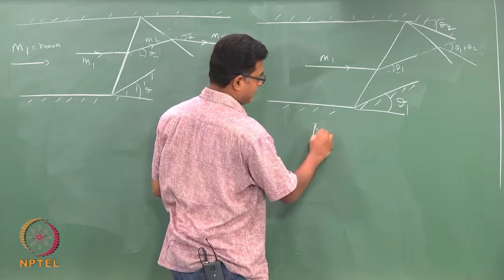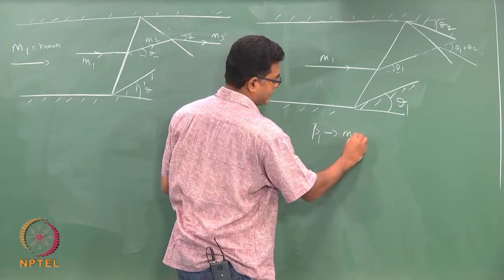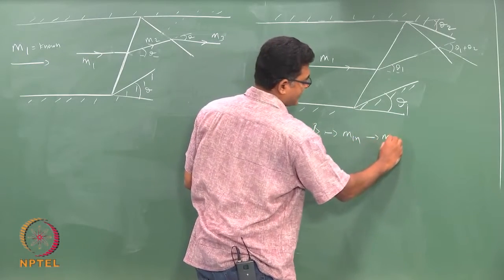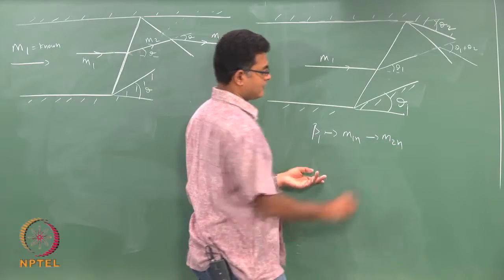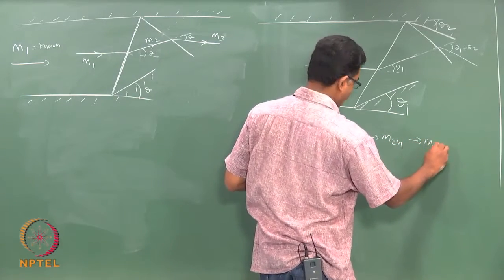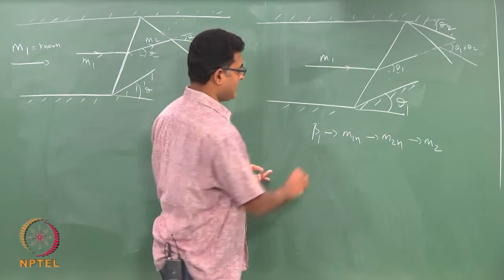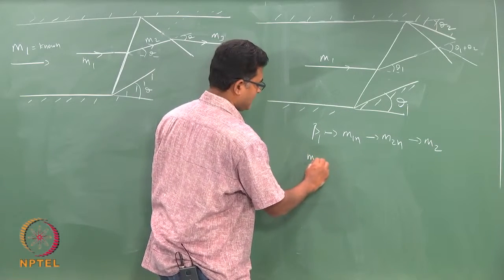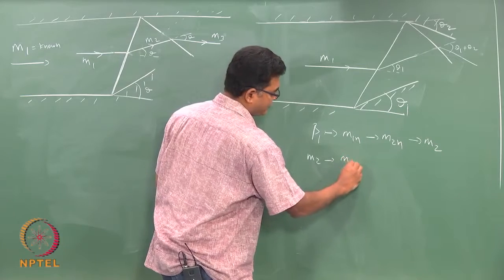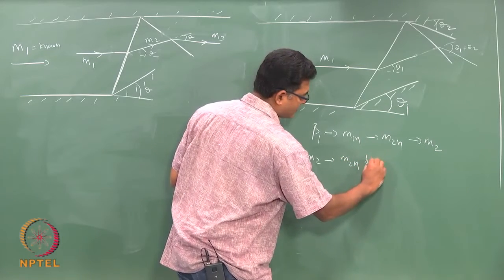So, find beta 1, from which I would get Mn1, from which I will get Mn2, and the moment I get Mn2, I get M2 for the reflected shock.